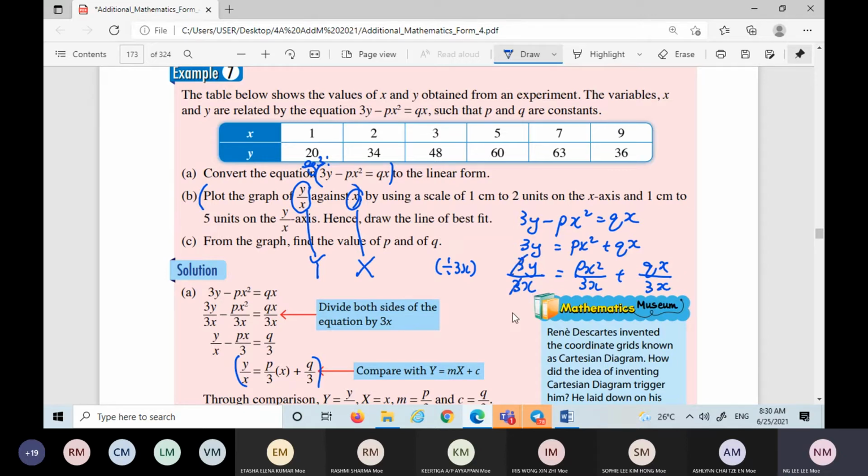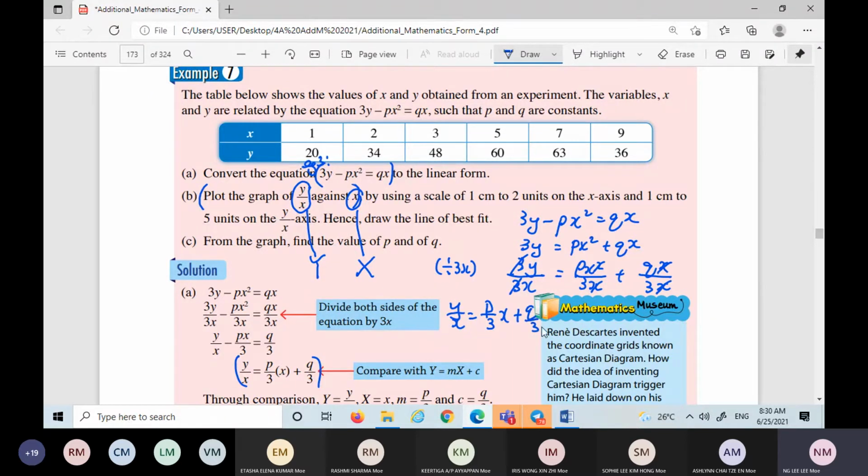Then simplify. Here I'll get y over x. This one you write in this way, p over 3, and then x at the side, because constant and variable we usually separate. I think I got the answer already.